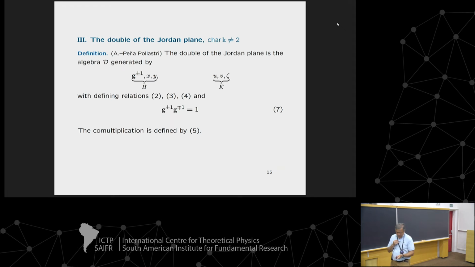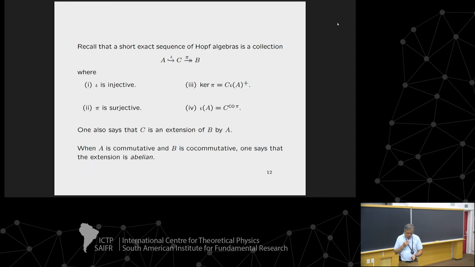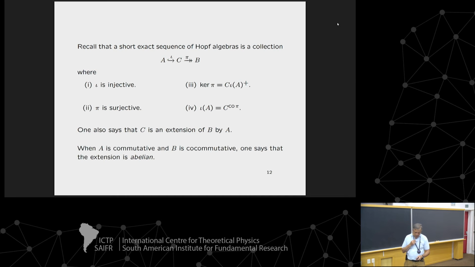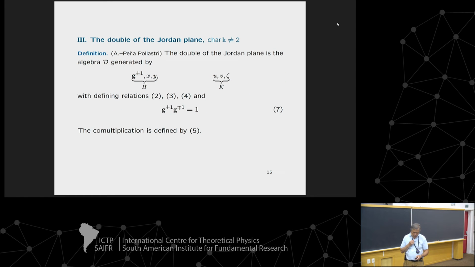Let me remind you, we had this lot of equations which I numbered 1, 2, 3, 4. One are the red ones that ensure finite dimensionality. For the definition of the Hopf algebra D, we keep 2, 3, 4 and replace 1 simply by asking g to be invertible.